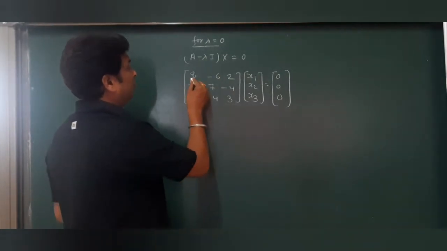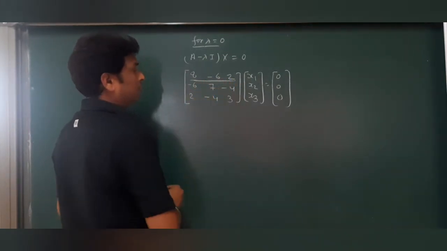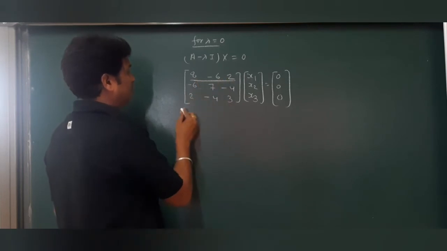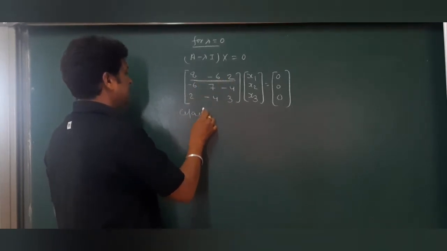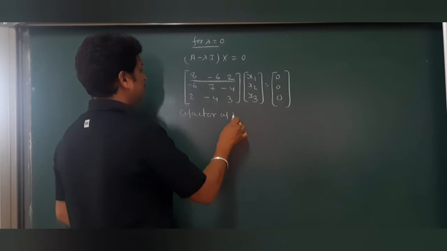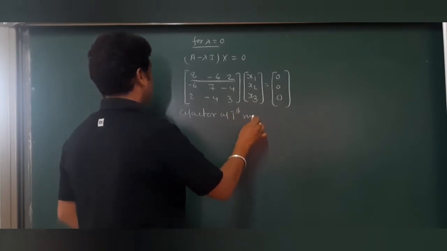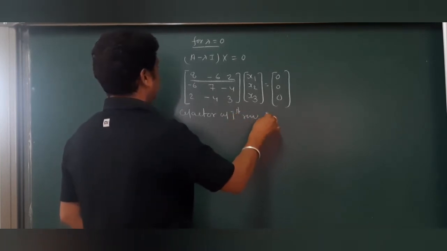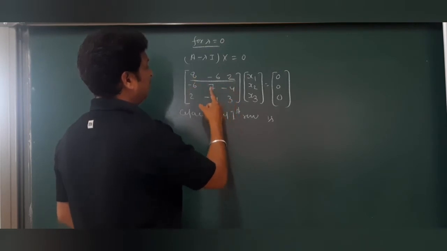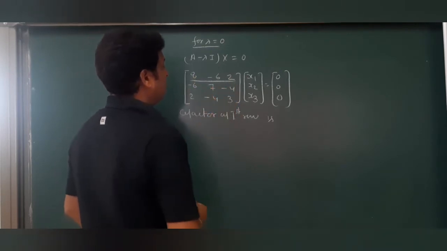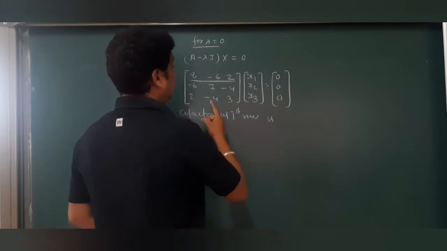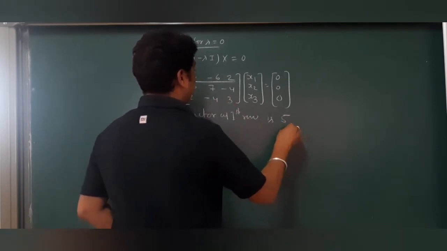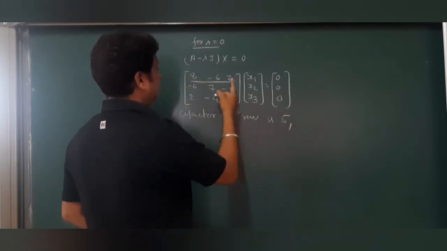Just find the cofactors of the first row. What are the cofactors? For 8, the cofactor is 21 minus 16, which is 5. What is the cofactor of minus 6?